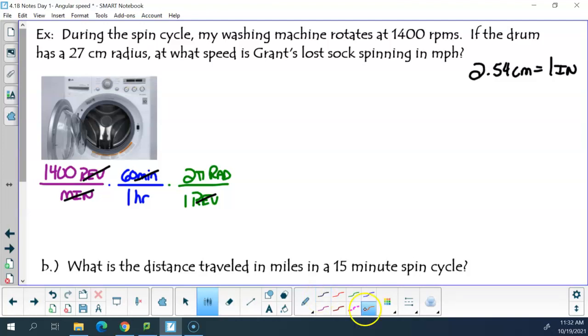1 radian is 27 centimeters. You'll need that one somewhere along the line.